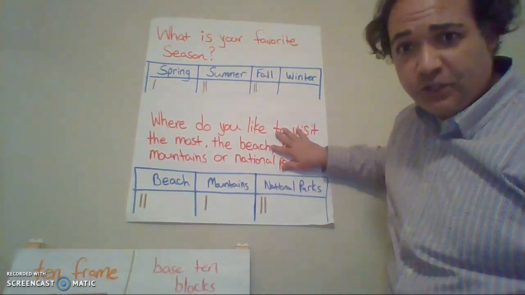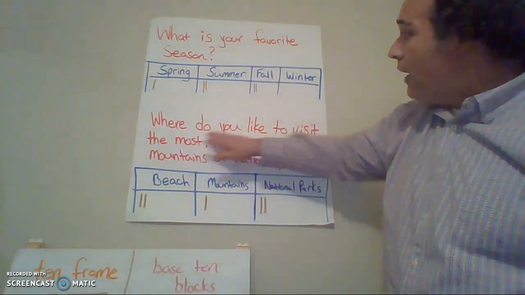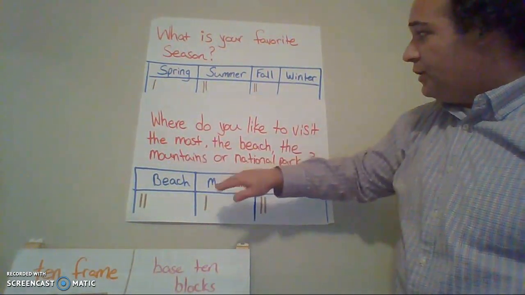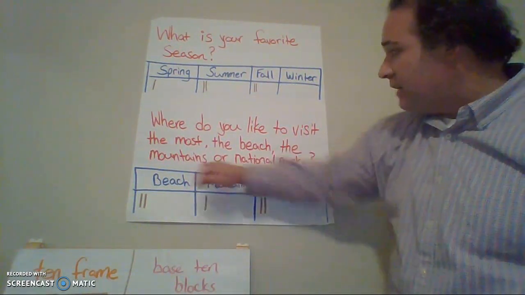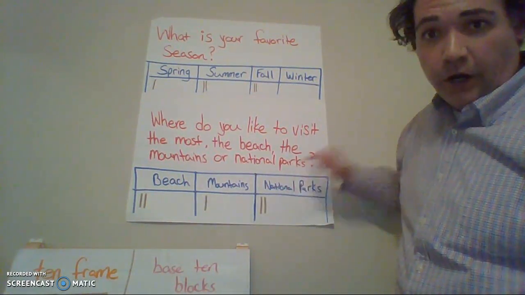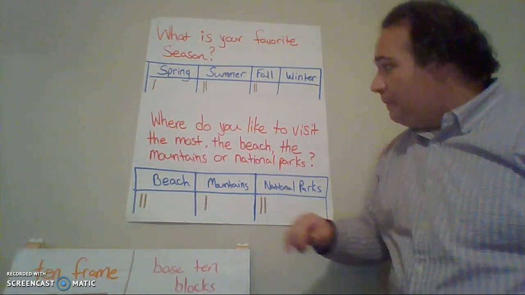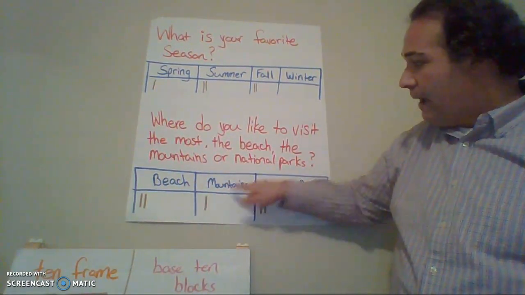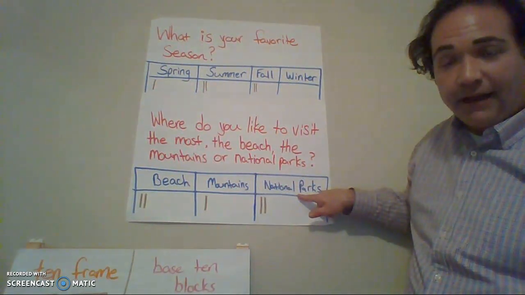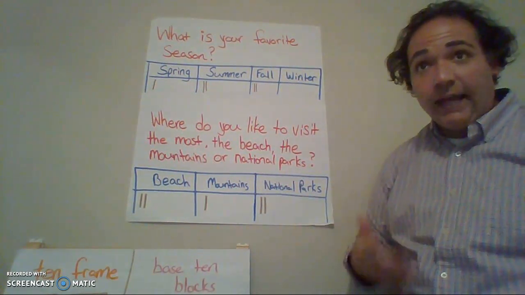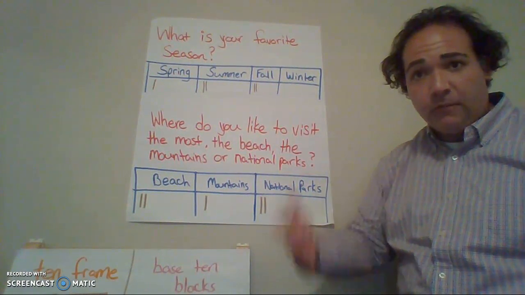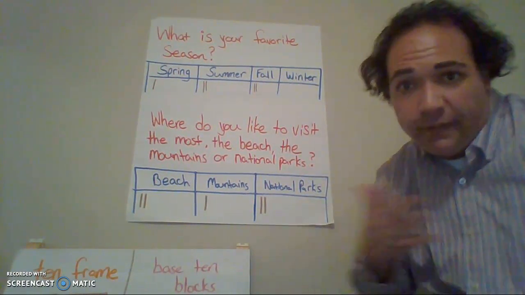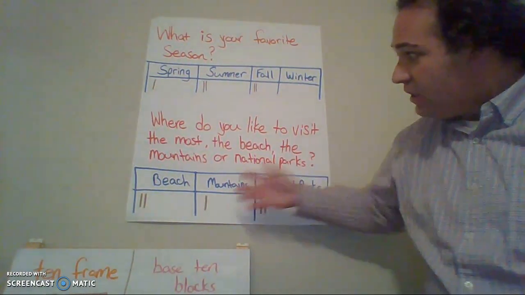The other question that you're going to ask them is, where do you like to visit the most? The beach, the mountains, or national parks? And again, your chart is going to say beach, mountains, national parks. Again, I called my 2 brothers, my mom, and my sister-in-law, and I used myself too to collect my data.